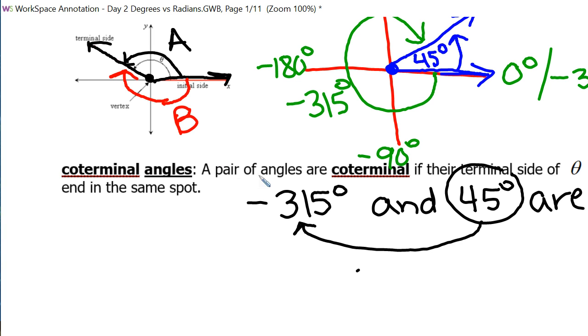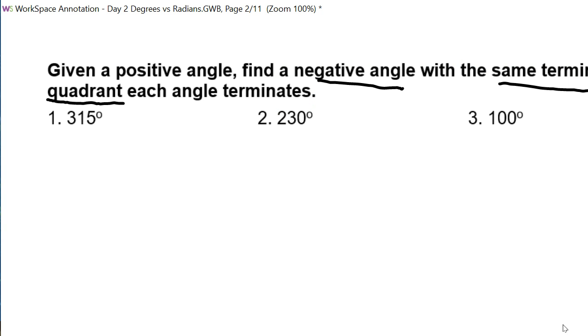Yeah, subtract 360 degrees. So if you are given the positive angle, to find the negative coterminal angle, subtract 360 degrees. That's what we're doing in the first section.